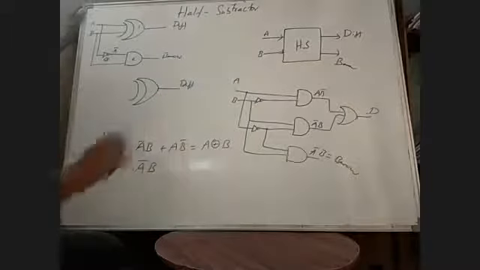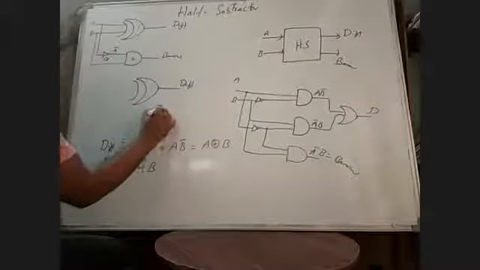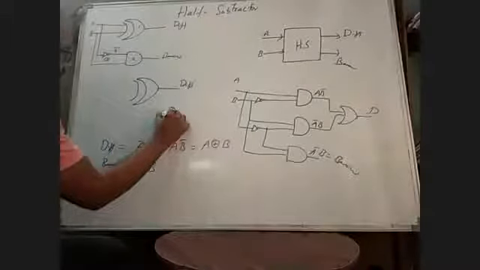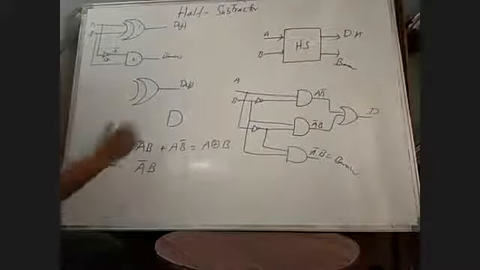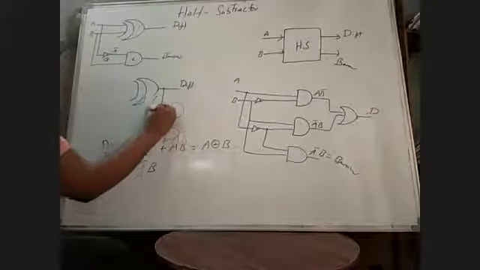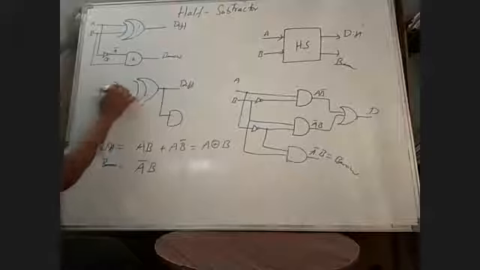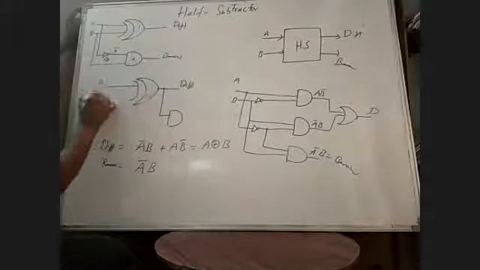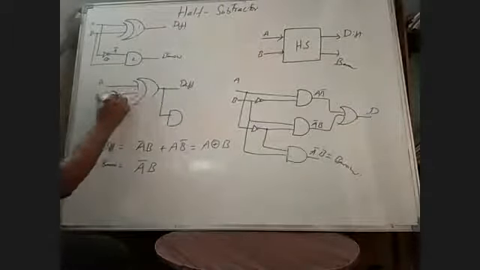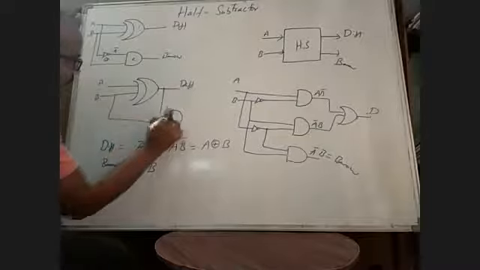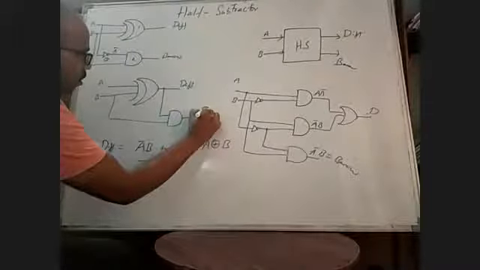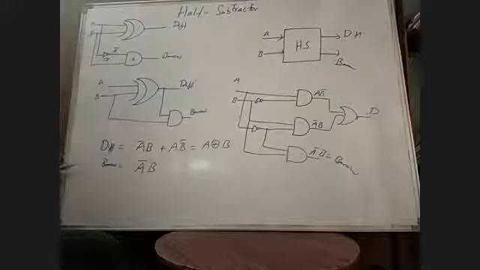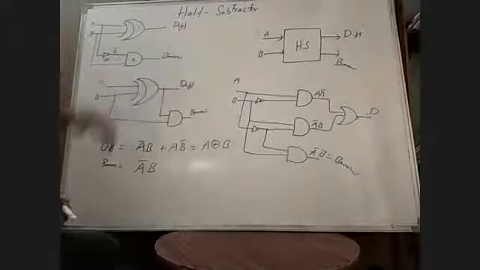I am taking one AND gate. The output of the difference is connected here, and this is my A input and this is my B input. The second input is connected here. This will be equals to borrow. No doubt in that.